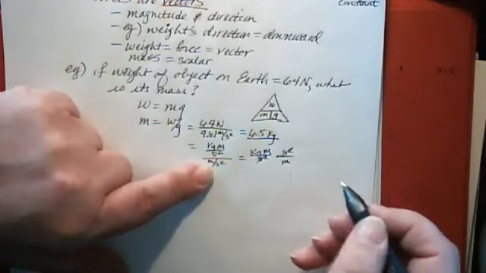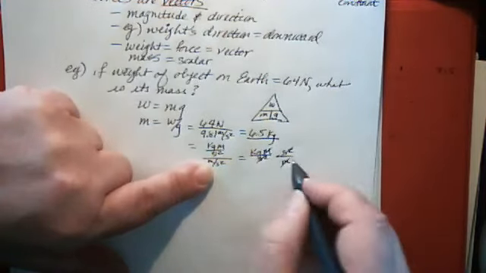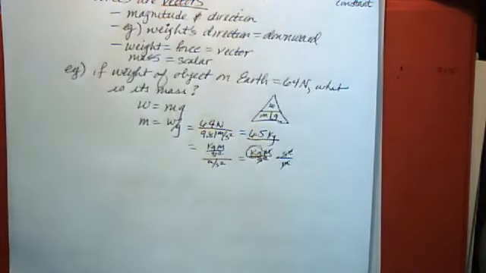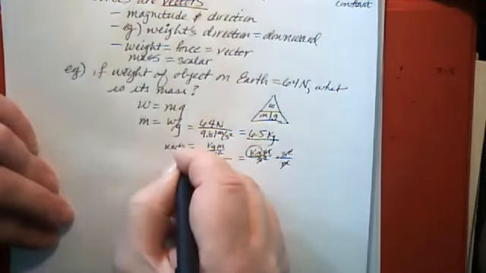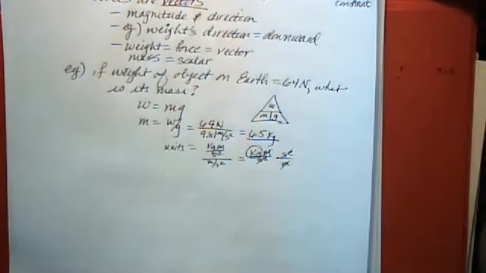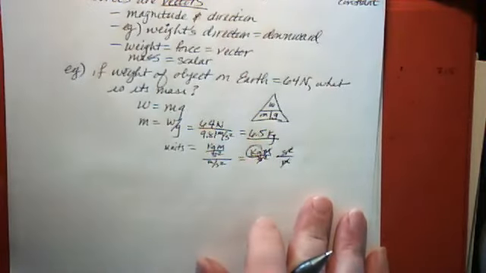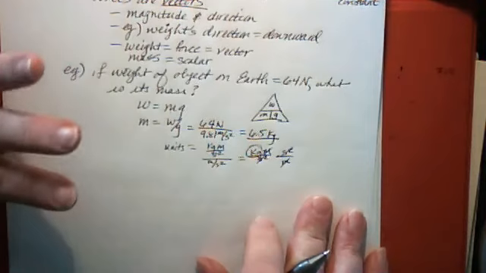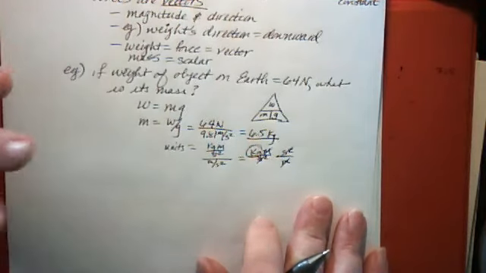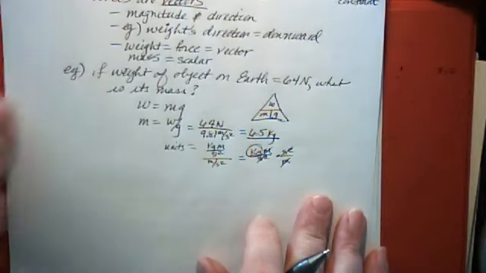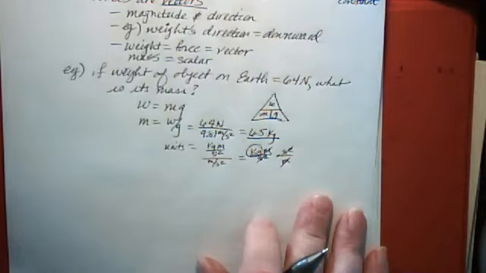Notice that seconds squared cancel and meters cancel, and look what you have left, kilograms. So it does actually work out. Okay, it's a good idea to be able to work the units out like that, just to make sure that you're arranging things the right way. Because like I've said, if the units come out correctly, then the number's probably going to come out correctly too.